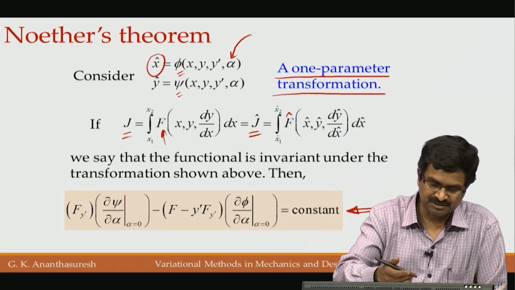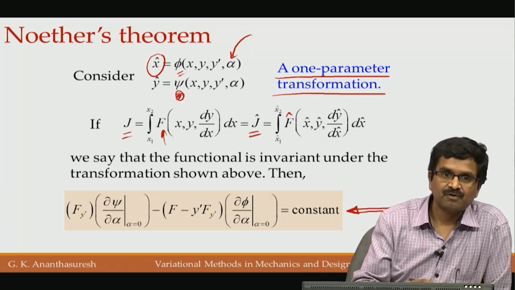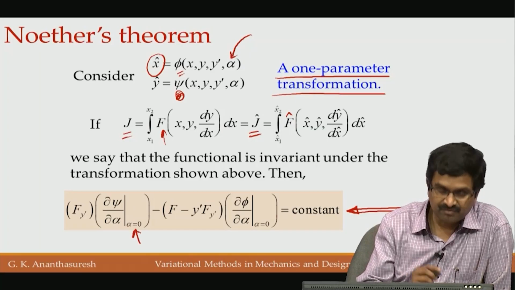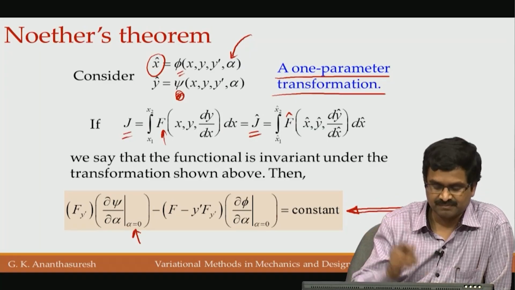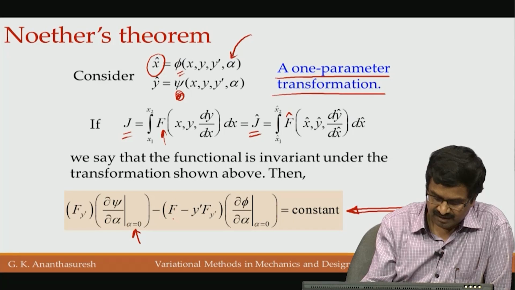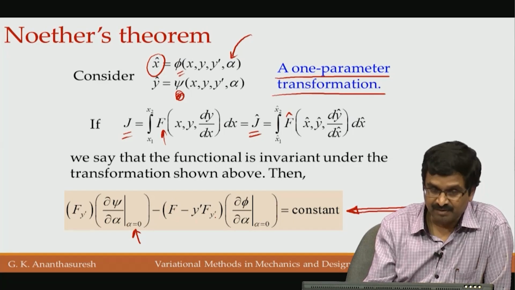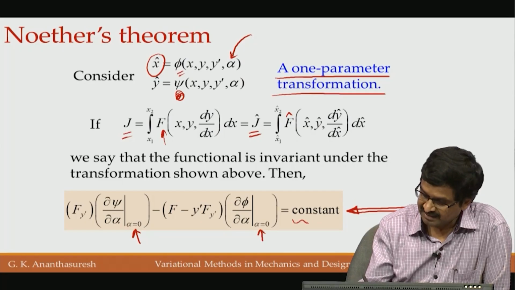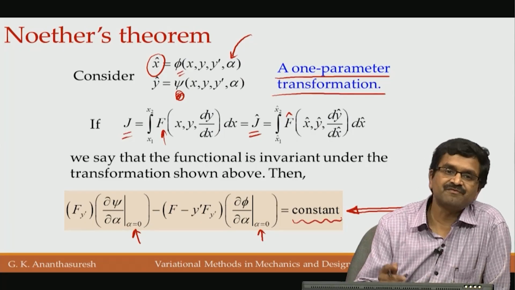The psi is an expression over here. We are taking dou psi by dou alpha and then substituting alpha equal to 0, alpha goes away. And then we have f minus y prime times f y prime, times dou phi by dou alpha, where alpha again is equal to 0, that is constant, like a first integral.